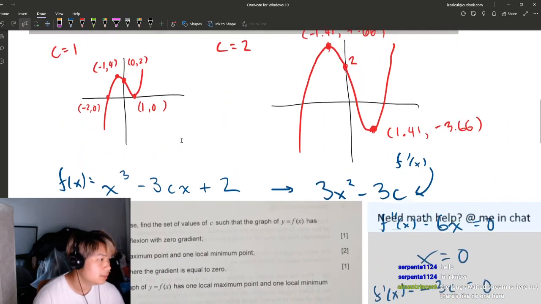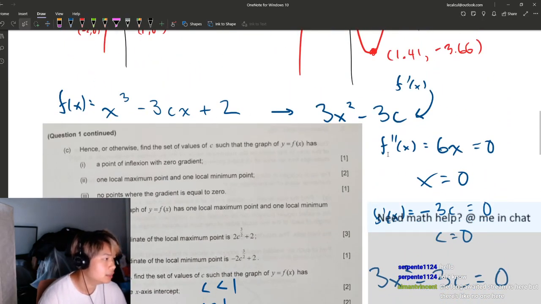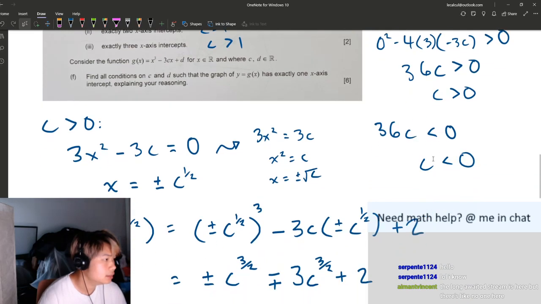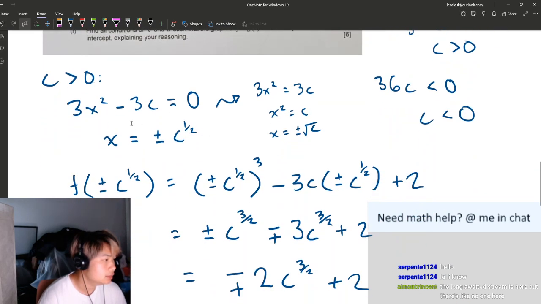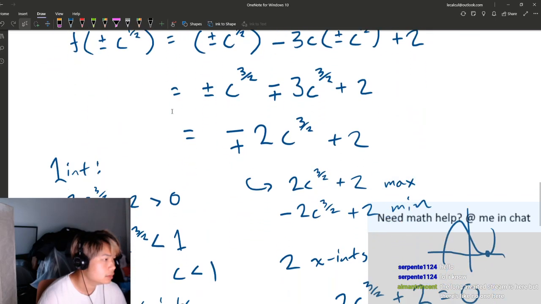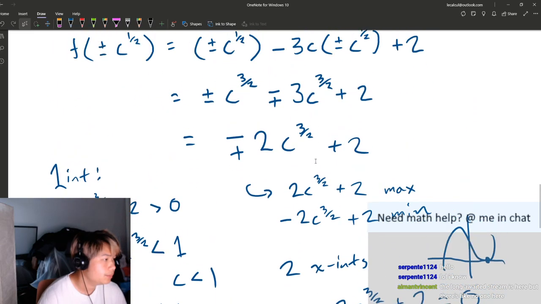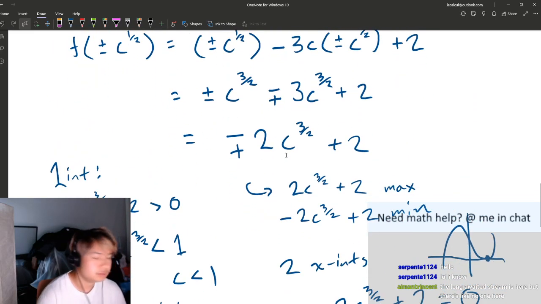Let me just double check and make sure that D doesn't pop up anywhere else. You get C's. So this one, C's 1/2. Okay.